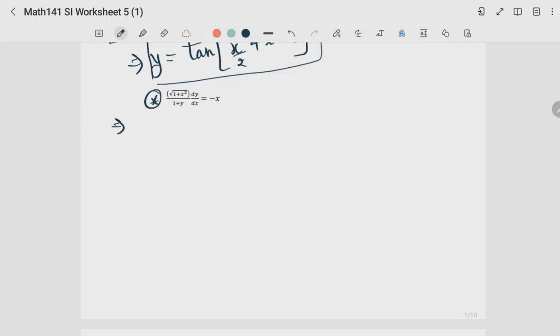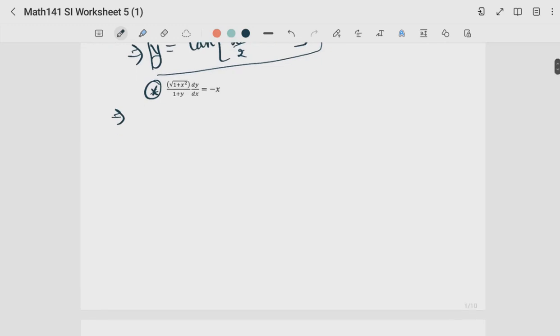So what we'll do here is, let's bring all the terms in x to the right-hand side, since we already have the minus x there. So on the left-hand side, we'll have then dy over 1 plus y being equal to minus x divided by root of 1 plus x squared times dx.